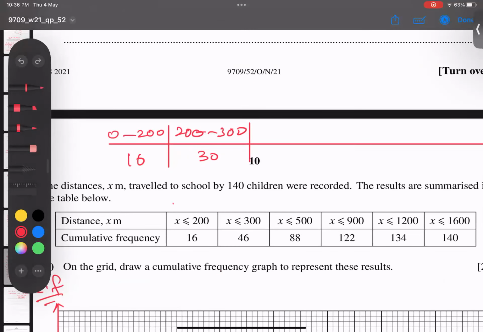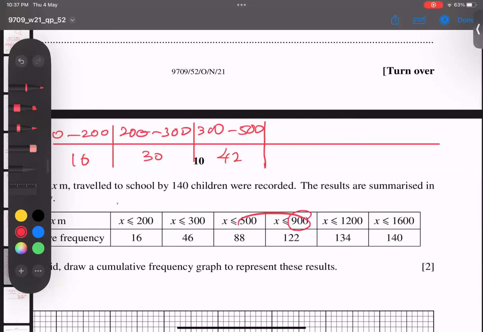Second is this one, starting from 300 and ending at 500. 88 minus 46 is giving us 42. Now 500 and 900: 122 minus 88 is giving me 34.